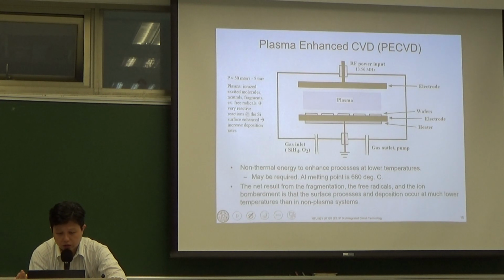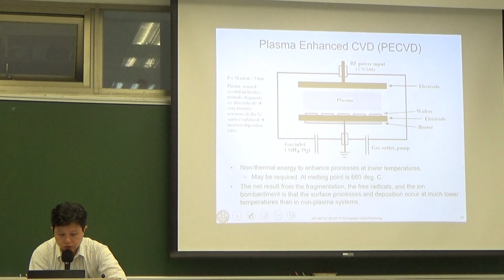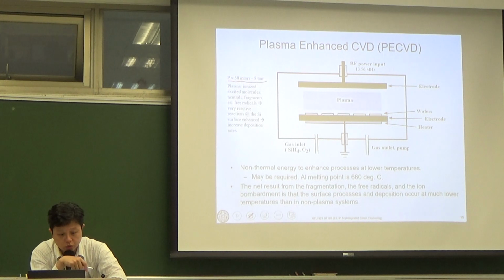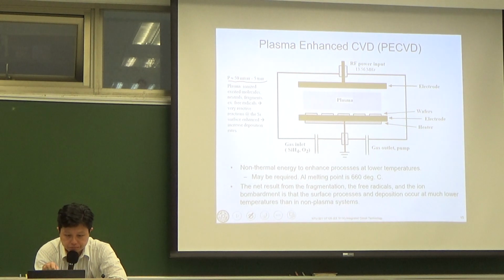So this is the figure of the chamber we use to describe plasma enhanced CVD. We reduce the pressure to a certain low level, and we have a gas inlet to provide the gas.